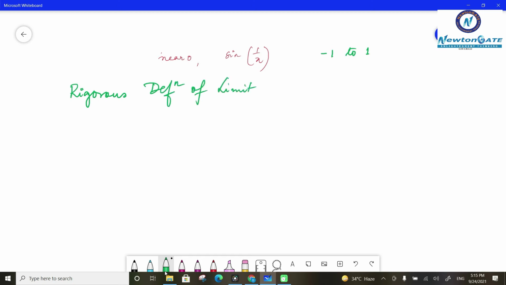Now we have already learned the informal definition. It's the same thing, but we will be using some new terms and more mathematical reasoning.